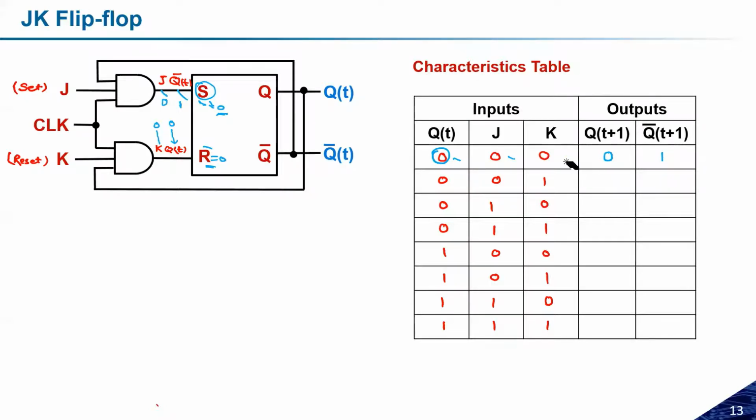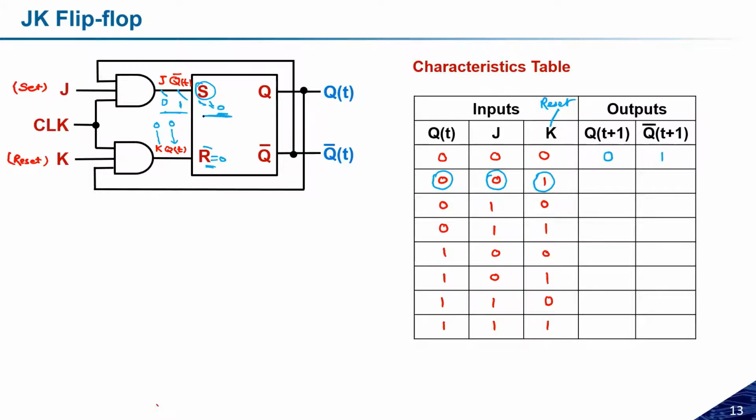Now let us try to see the other cases. If qt is equal to 0, j is equal to 0, and k is equal to 1. I just told you k is just like a reset input. So what will happen? If I calculate the first one, 0 into 1, that gives set equal to 0.